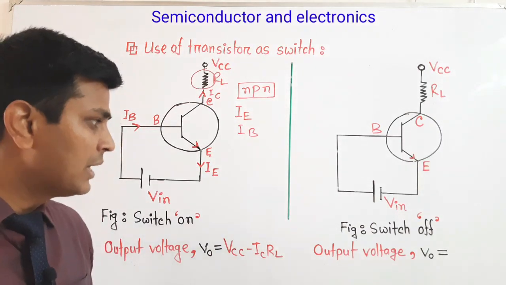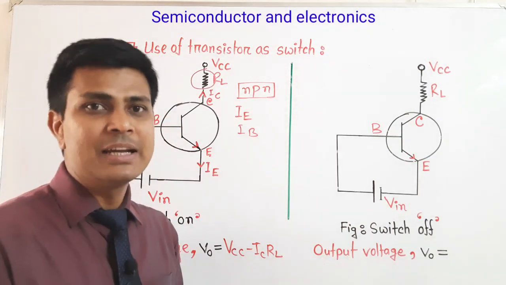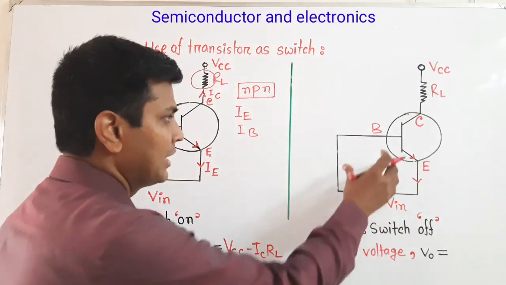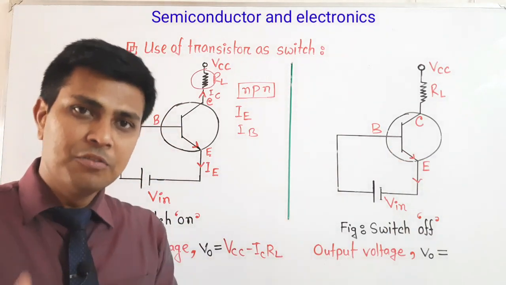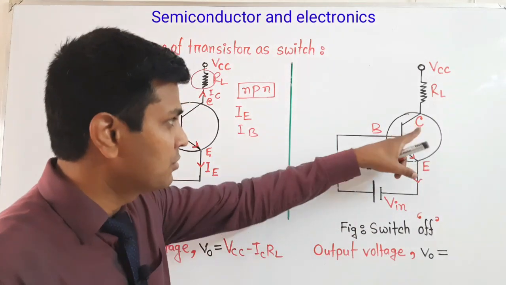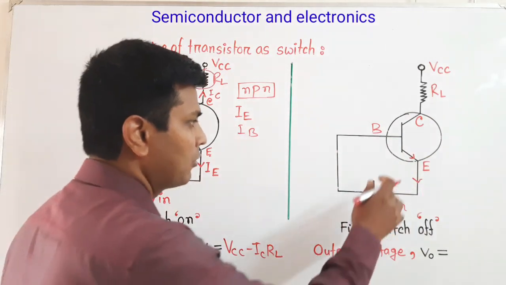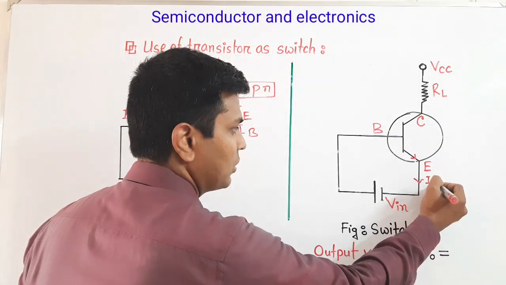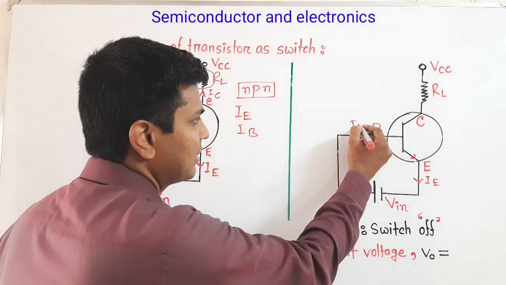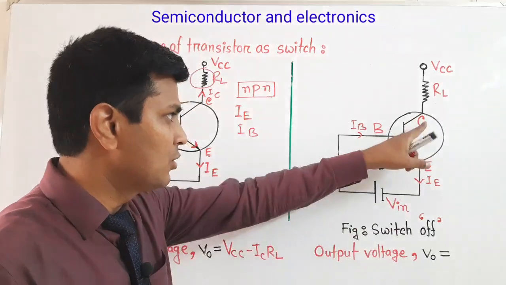Now let's see, in case of the switch off condition, we have to apply the negative voltage. When we apply negative voltage in this transistor, then this NP junction is in the reverse bias, and in that case a huge amount of resistance is produced between collector and emitter, and the current will flow only through the emitter. We will get emitter current and base current. So no current will flow through this load because there is a huge amount of resistance.